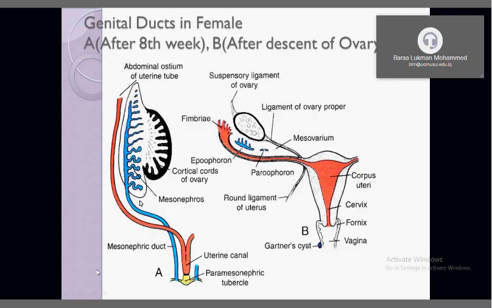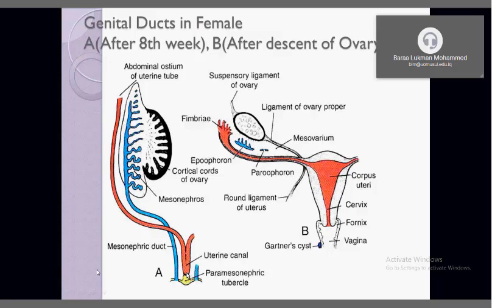You can see this Mullerian duct come to pass medially until it meets the other one from the other side. These two ducts fuse, and later the wall between the two fused systems is reabsorbed.